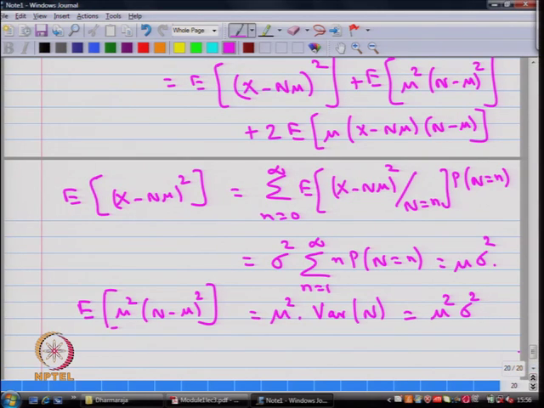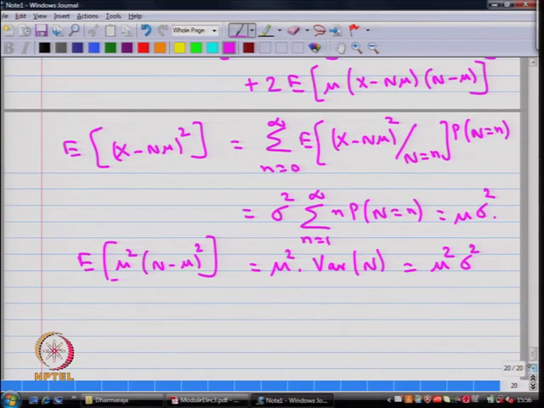Now, we have to evaluate the third expectation, that is expectation of mu times x minus n mu multiplied by n minus mu.